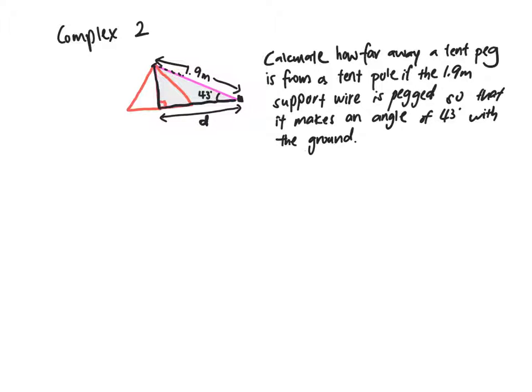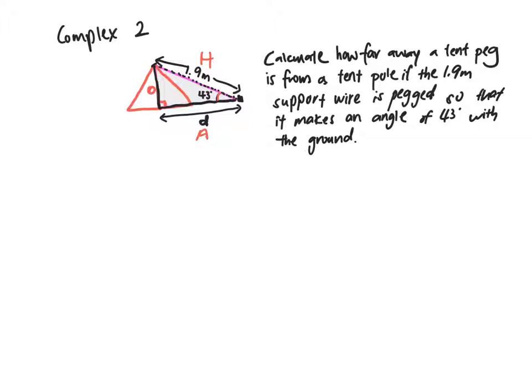The pink color is the support wire. So that tells me the hypotenuse is 1.9 meters, because it is the longest side of the right angle triangle. The distance we do not know, but we do know the reference angle is 43, so that tells me this is the opposite, and that will be the adjacent.